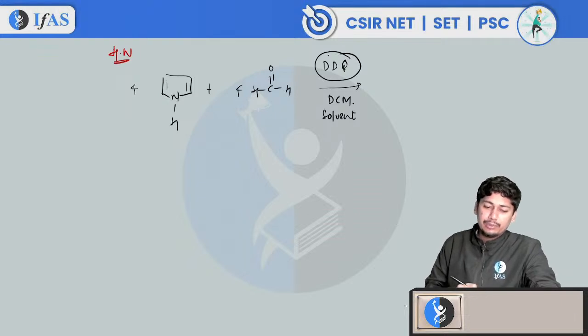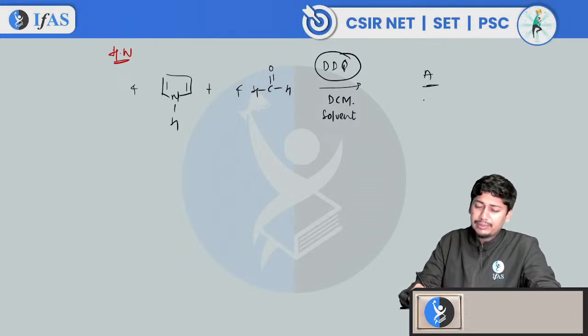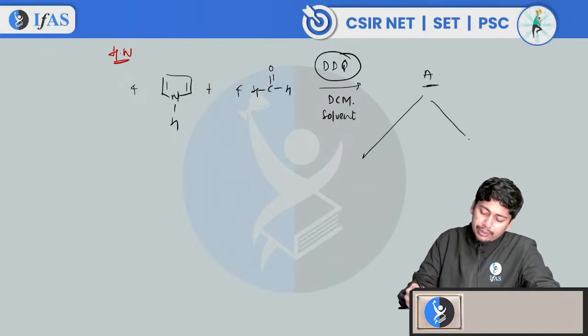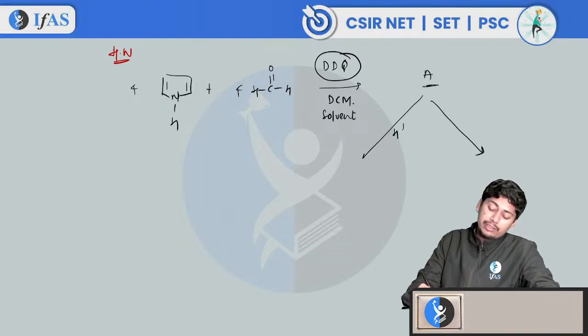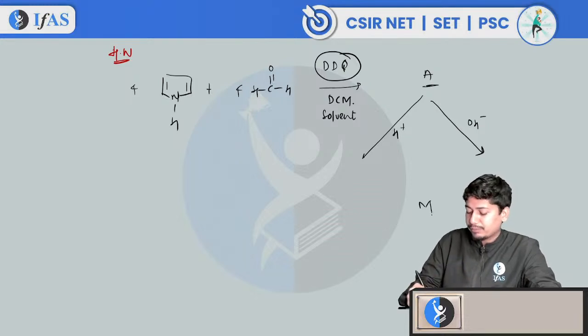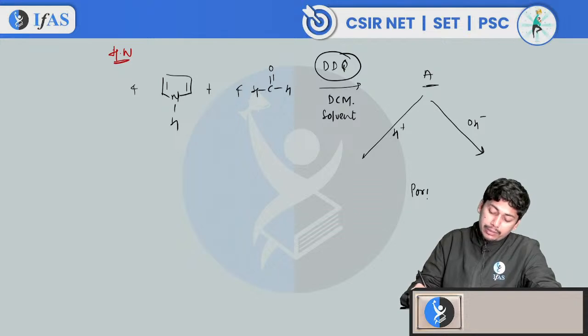So just guess what is being formed here, A, and what it needs to be reacted with. Now A is formed. If I react it with H plus or OH minus, which pathway will produce the porphyrin ring?